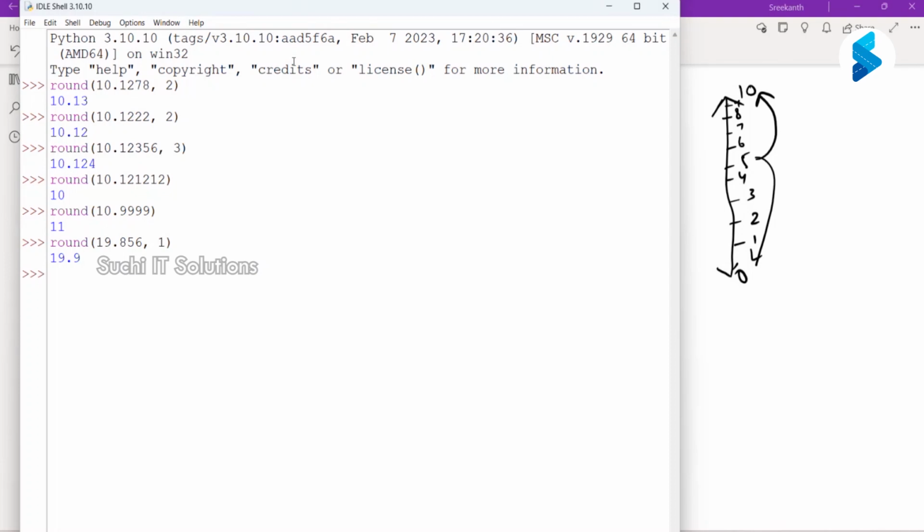Round always rounds the number to the nearest value. Round is a function used to round a number to a given precision in decimal digits. The default is 0; if you don't give any decimal point, it will return an integer.